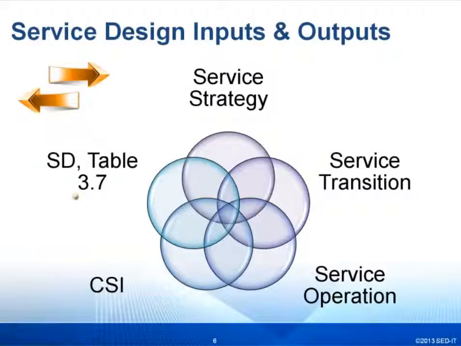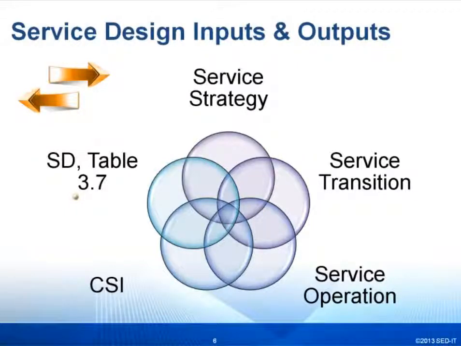We can say the same thing in service operation. So inputs from service operation into service design: operational requirements, performance information, historical incident and problem records that will say, hey, maybe you need to consider a change in how you do your designs, etc. So again, now you can start seeing the relationship between these phased inputs and outputs.